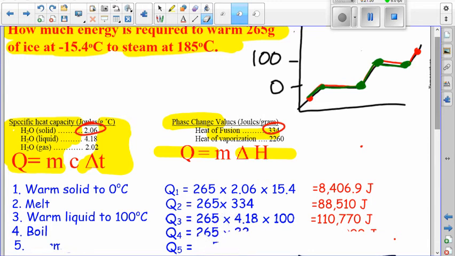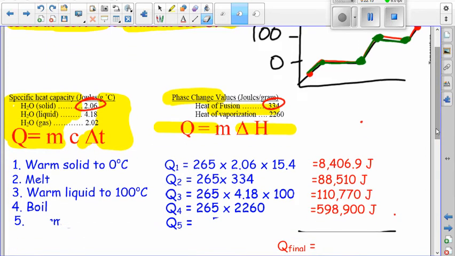So what's the price to go across the expensive bridge? Perfect. Yep. So we have 265 grams, and it costs 2,260 joules to take each one of those grams across the bridge. That is going to be a crazy price, almost 600,000 joules. It's usually the most expensive part on any one of these graphs, usually.